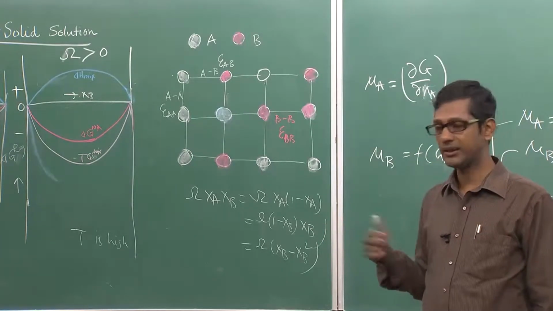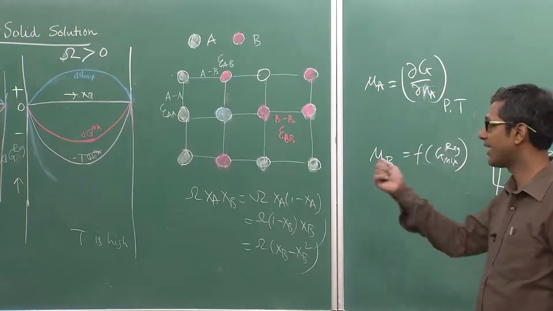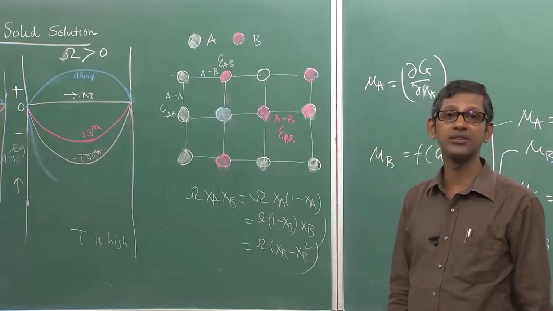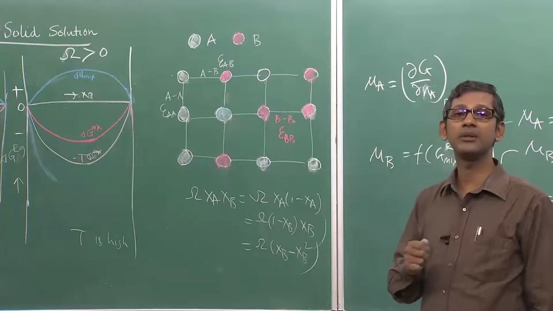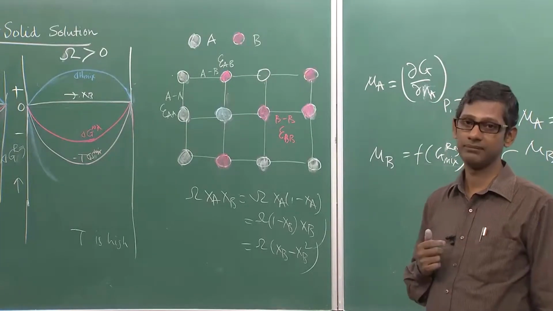In the next class I am going to discuss that by plotting the chemical potentials as well as delta G mix as a function of XB at different temperatures, we will be able to tell very easily whether a particular phase is stable at a particular temperature or not.